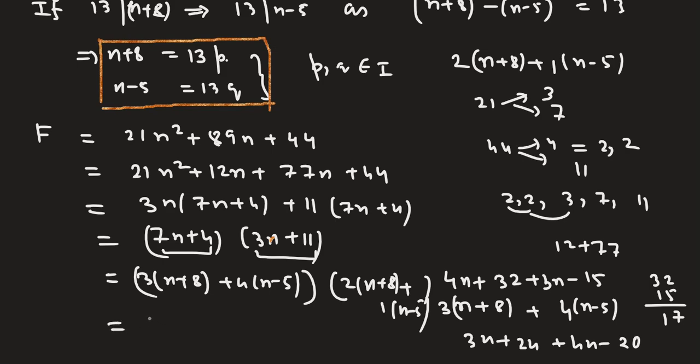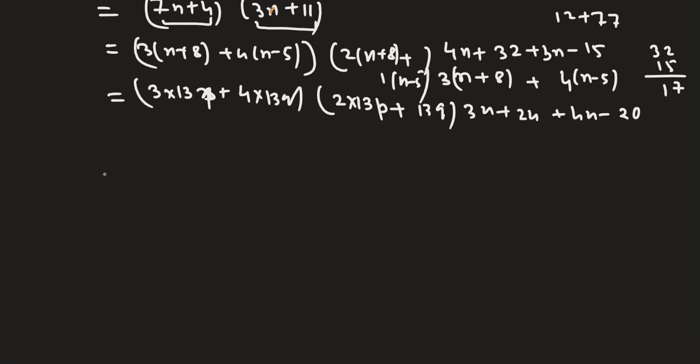So now here we have 3 into 13x, then 4 times of 13y, not x, it is p, and here we have 2 times of 13p plus 13q. So 13 we are taking common, so it will be 13 square times 3p, 4q, 2p and q.